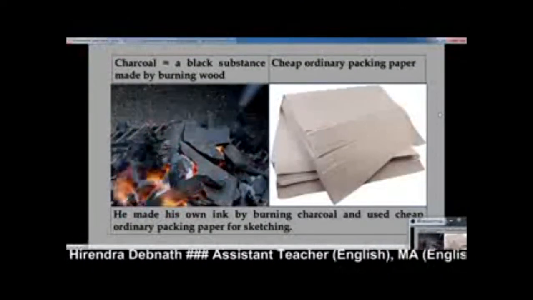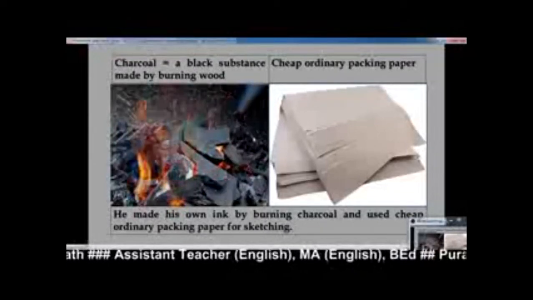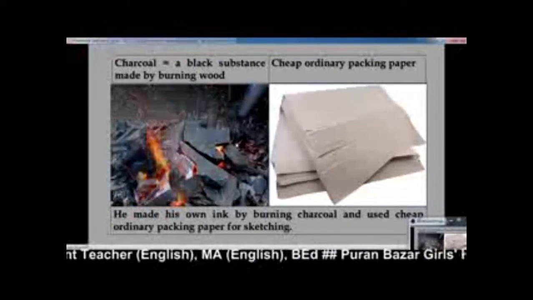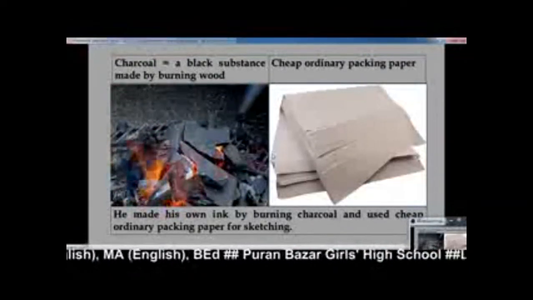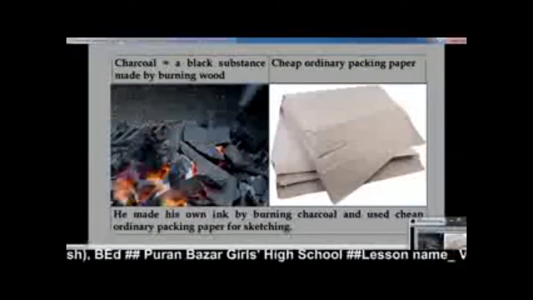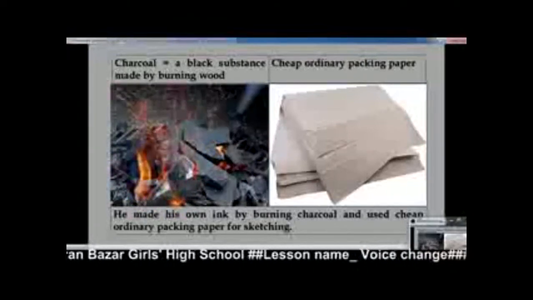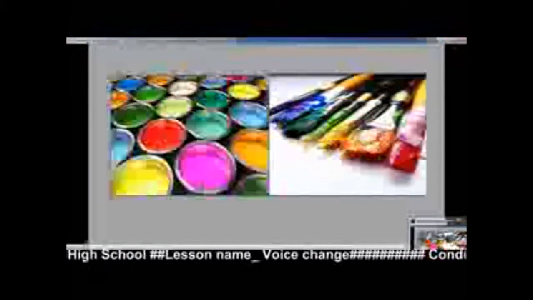He made his own ink by burning charcoal. Dear learners, in the left portion you see this is the picture of charcoal, and through this charcoal he made his own ink and used this type of cheap ordinary packing paper for sketching.